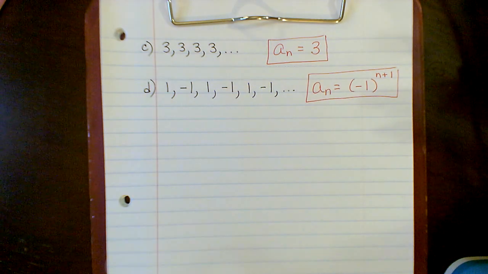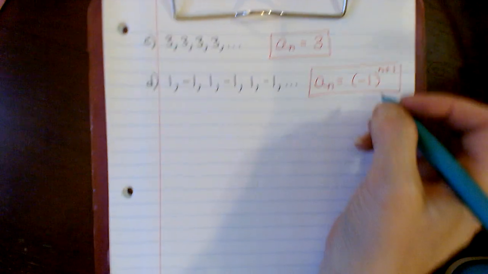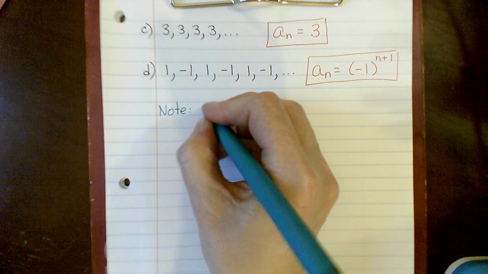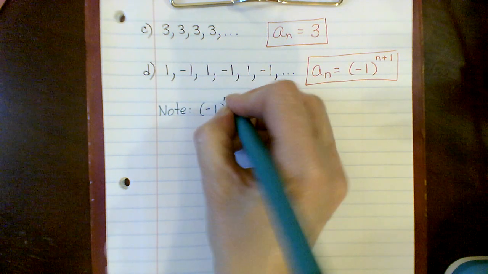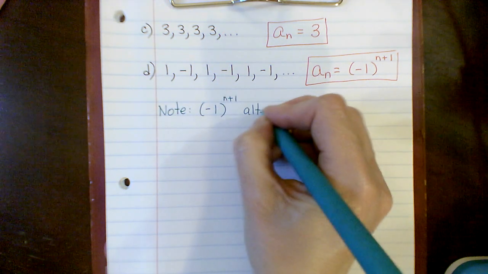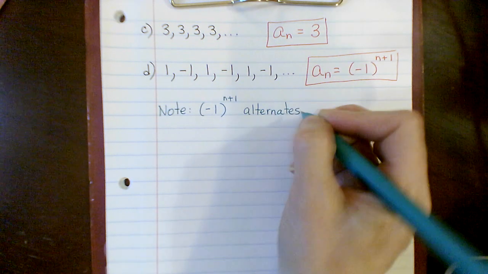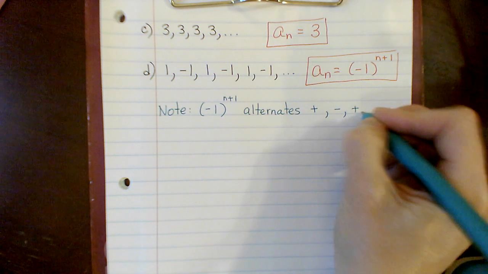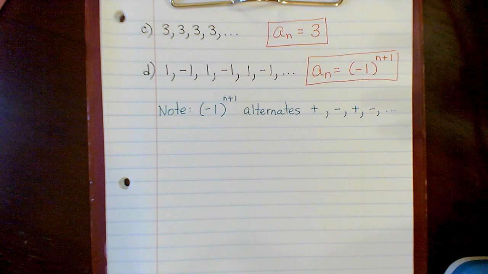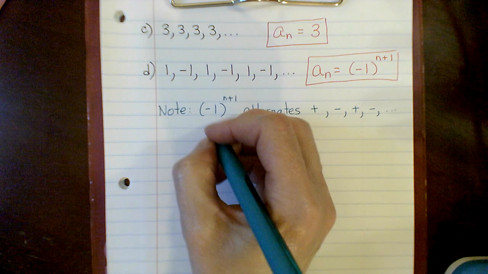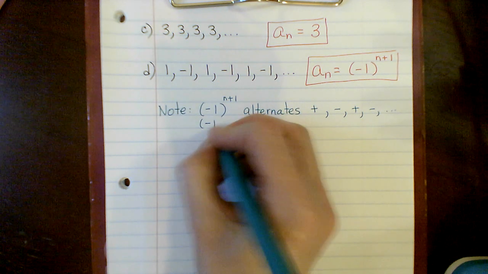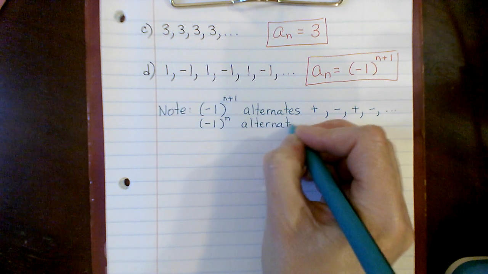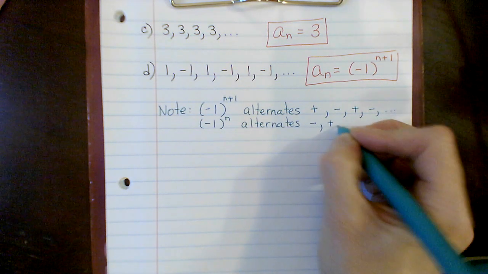Now, something to note for the future: if you have negative 1 to the n plus 1, it's going to alternate starting with positive and then negative, positive, negative, and so on. Whereas if you have negative 1 to the n power, that's going to alternate starting with a negative.